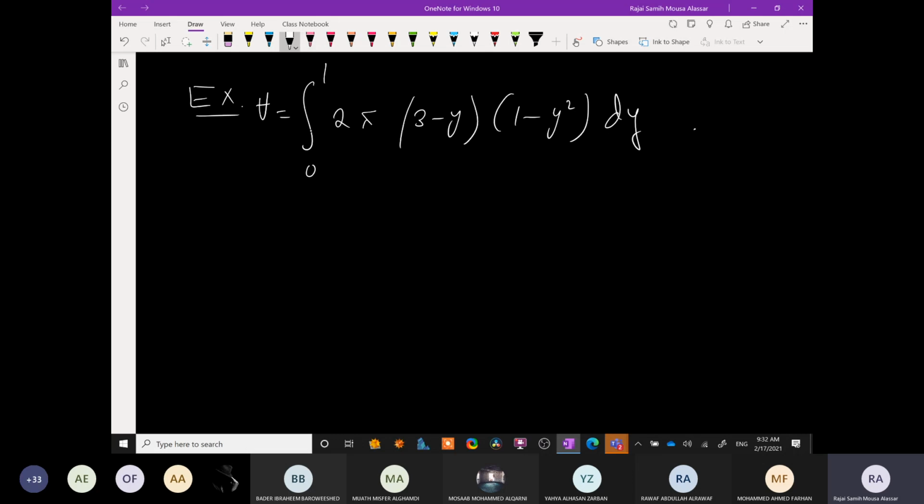This is an integral, and I have a 2 pi, fine, and I have the thickness. It's a dy. So since I'm doing a dy here, it means that I'm just taking a sample here, and I'm rotating this about what? The x-axis. So the rotation is about the x-axis or something parallel to it.